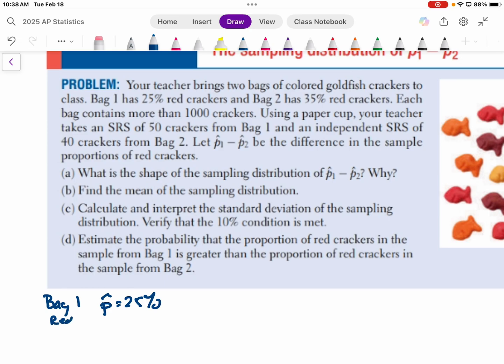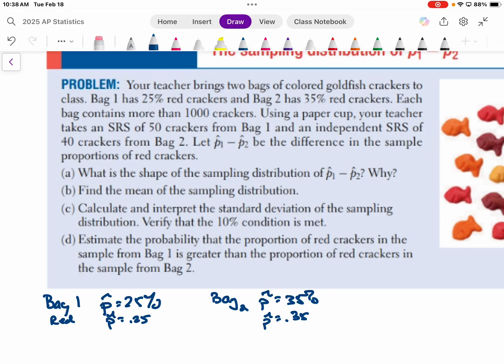And bag 2 has a P hat of 35%. So P hat is equal to 0.25, and P hat is equal to 0.35.